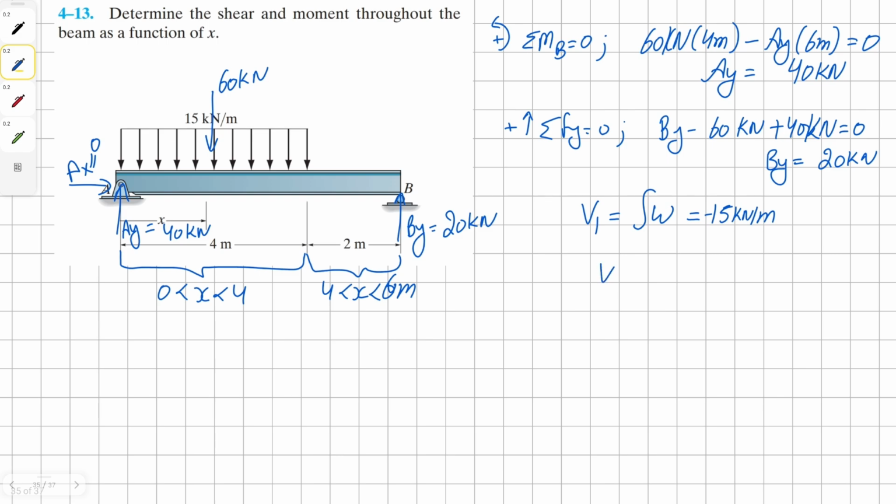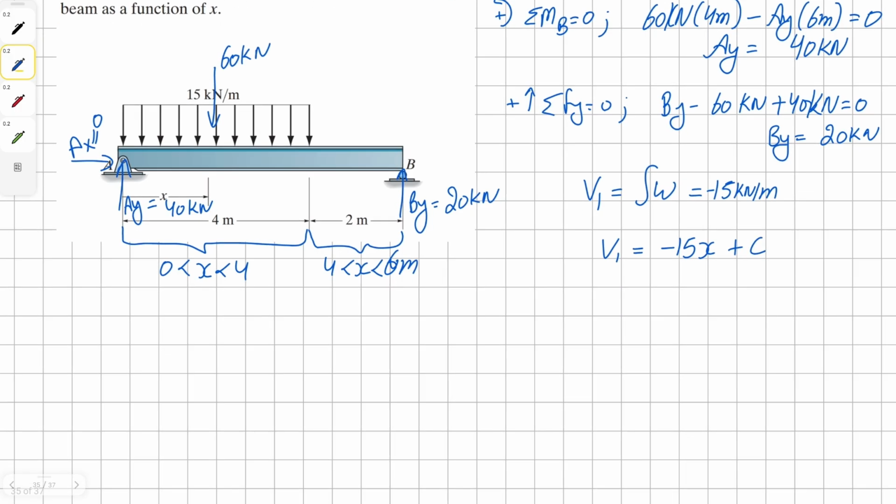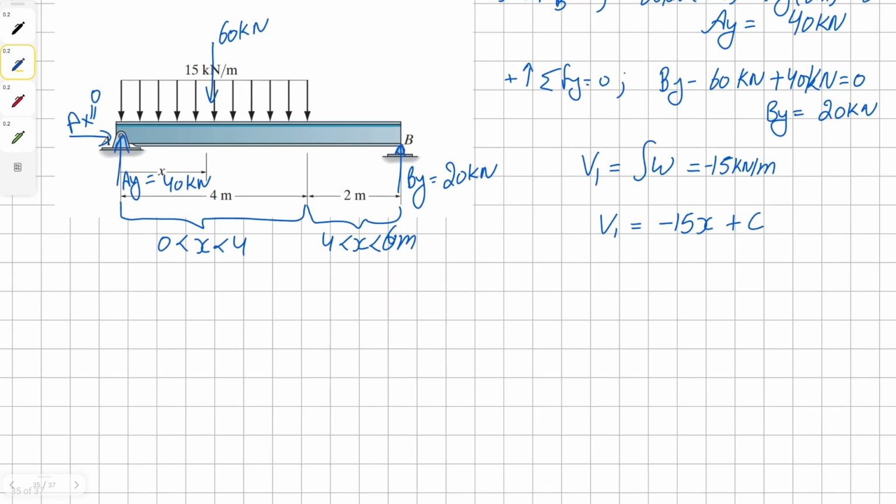Therefore, when we take integral of the W, we get our shear as negative 15x plus c, which is a constant. And to solve for the value of the constant, we know when x is 0, our shear is 40 kilonewton positive, and this gives us our solution for c. Therefore, our equation for region 1 becomes negative 15x plus 40.